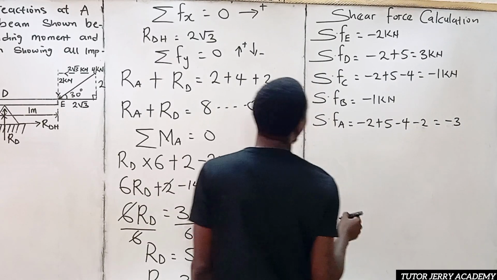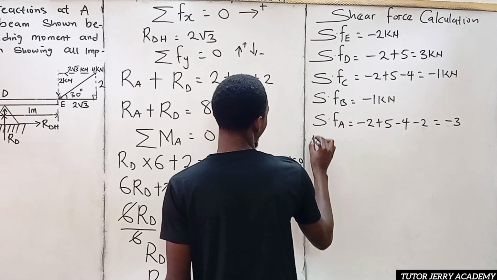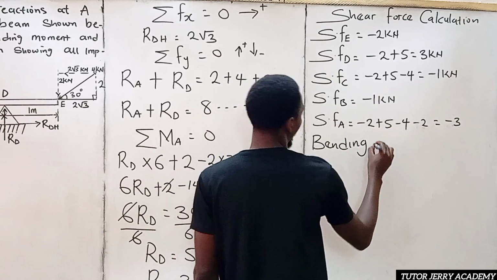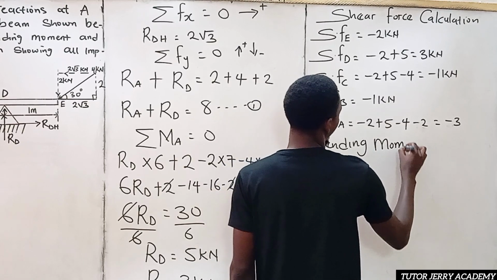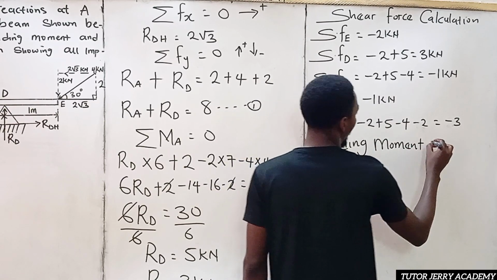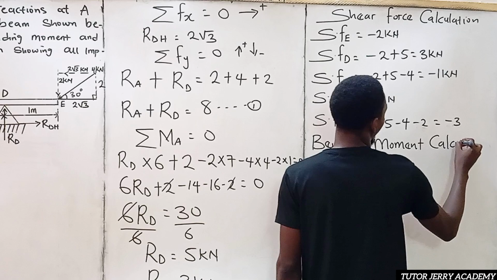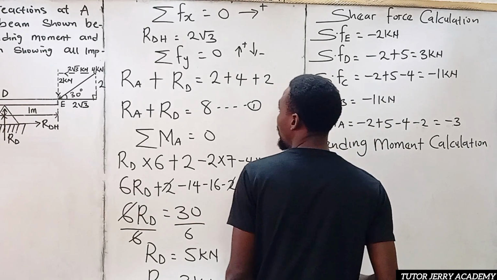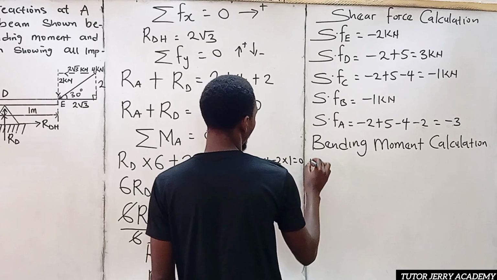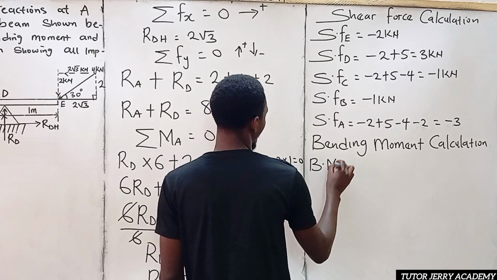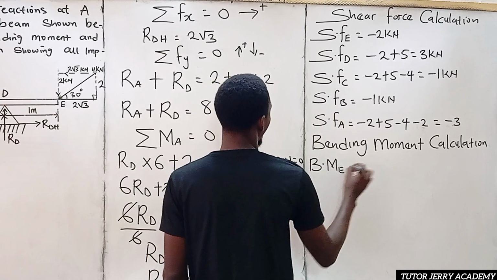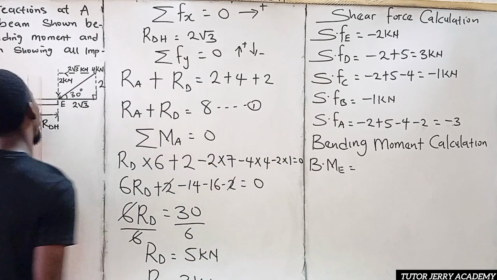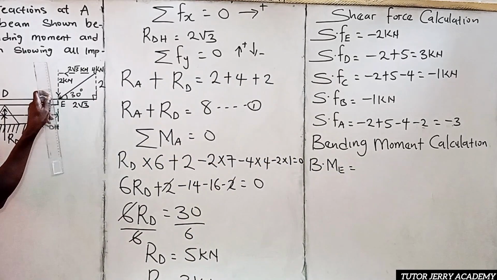So the next one is our bending moment diagram. Bending moment calculation. Alright, so we'll be starting with the bending moment at point E. If you stand at point E, we only have this downward force here, but to our right, we don't have distance.